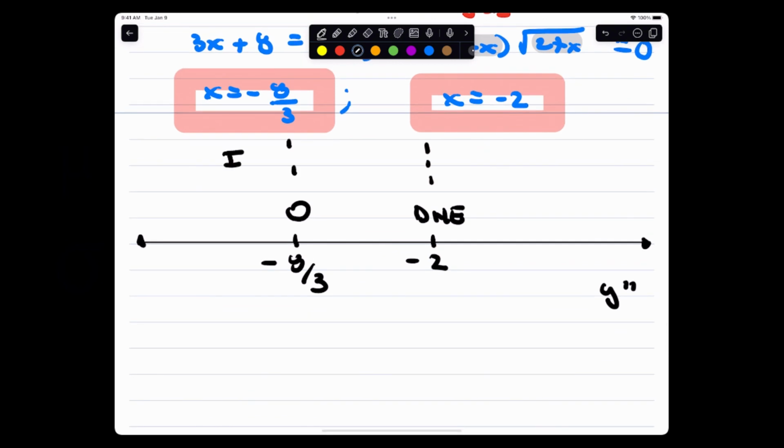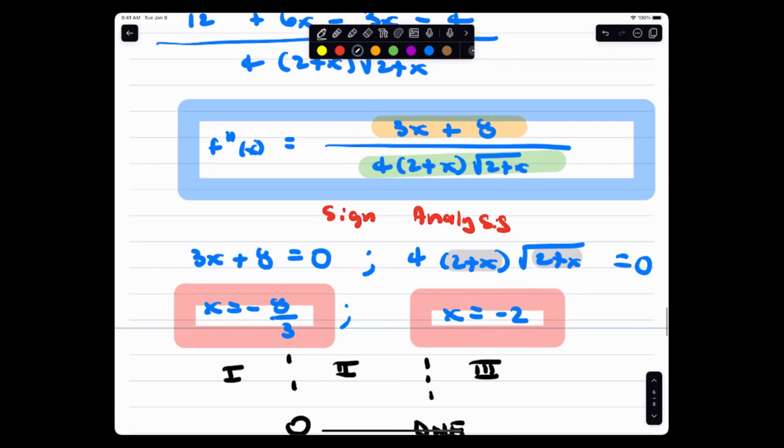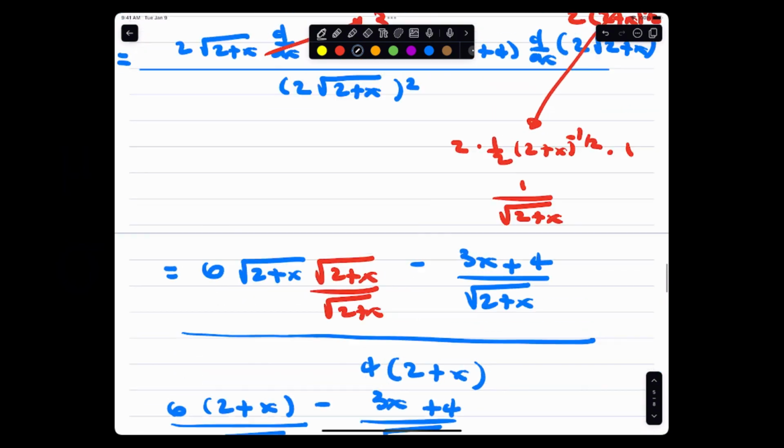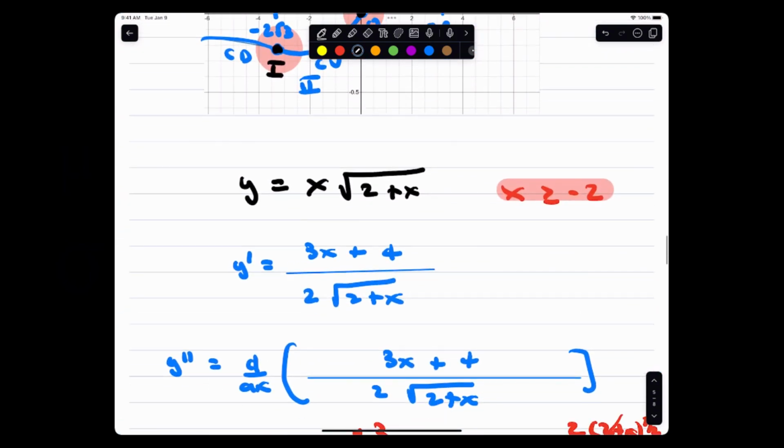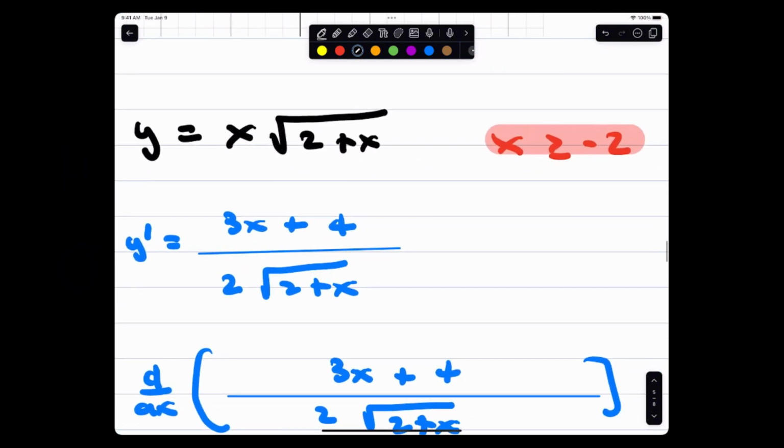Region 1, Region 2, Region 3. However, ladies and gentlemen, go back to your function. What do we know about this curve? What do we say your domain is?